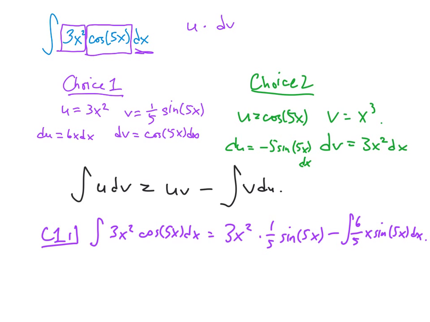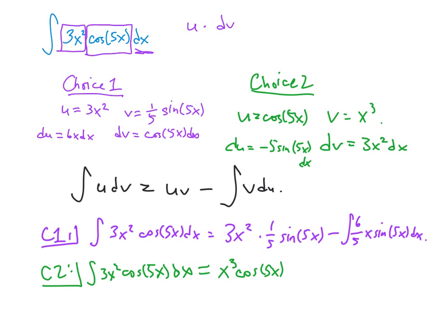Now let's see if the green approach gives me anything easier to deal with. That's choice 2. That approach would give me the integral of 3x squared cosine of 5x dx equals, let's see, what would u times v be? That would be x cubed cosine 5x minus the integral of v du.